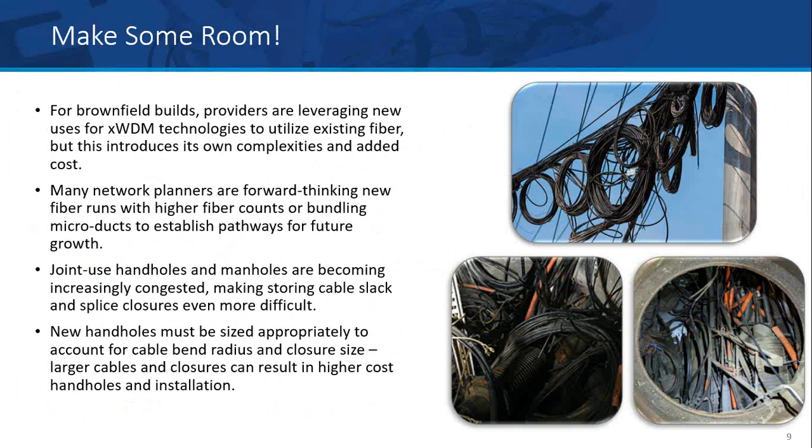So the pictures on the screen here show some examples of the complexities that go in with adding more fiber to already congested networks. These are some kind of worst cases, but some of them are relatively common, especially in the underground space. Hopefully they're not too common in the aerial space like you see in that one picture, but that's pretty ugly as you're attaching more and more drops, especially on joint use poles when you've got your RBOX there, you've got competitive exchange carriers.